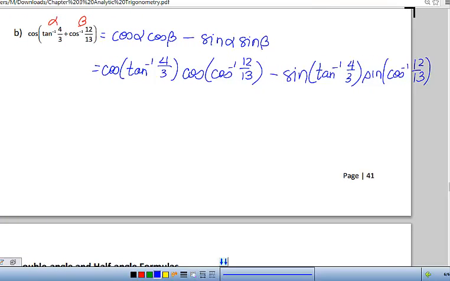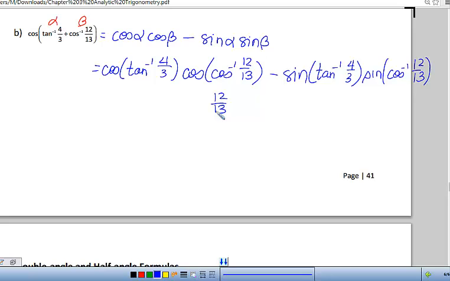Okay, so now we're going to start looking for anything where we might be able to cancel out, and we only have a little bit that's going to cancel. That's going to be right here, cosine of cosine inverse of 12/13. That's 12/13. We can cancel out as long as this value is in the range of the cosine function. And of course, we know the range of cosine is from -1 to 1. So 12/13 would be within that range. So those cancel out. For everything else, we're going to need to draw a triangle.